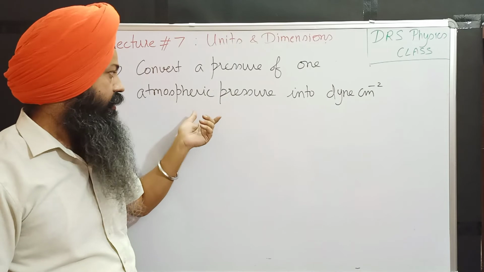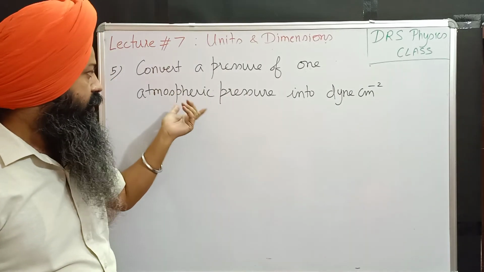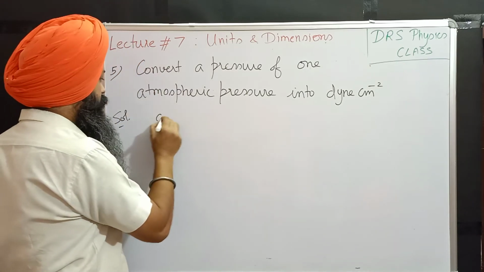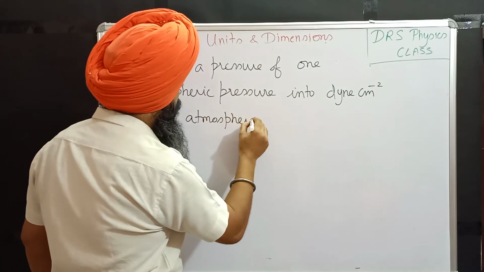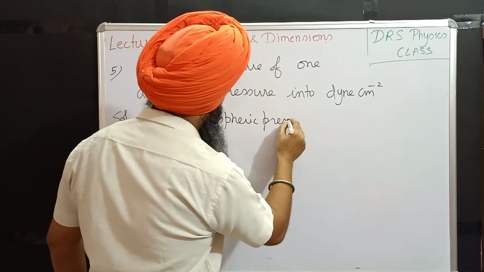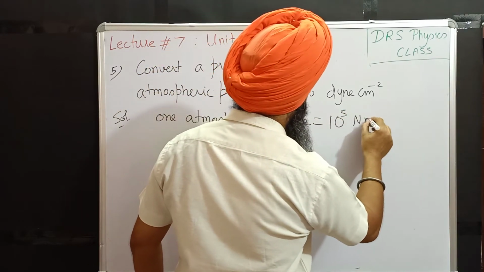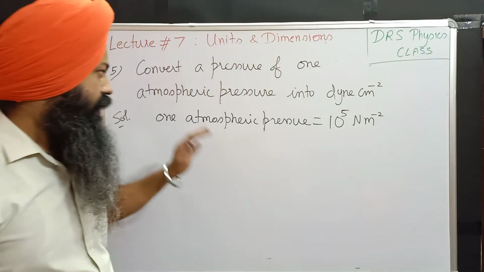You will learn in the next chapters, or you have learned in the previous classes, that 1 atmospheric pressure is 10 raised to power 5 Newton per meter square. So you have to remember this value.